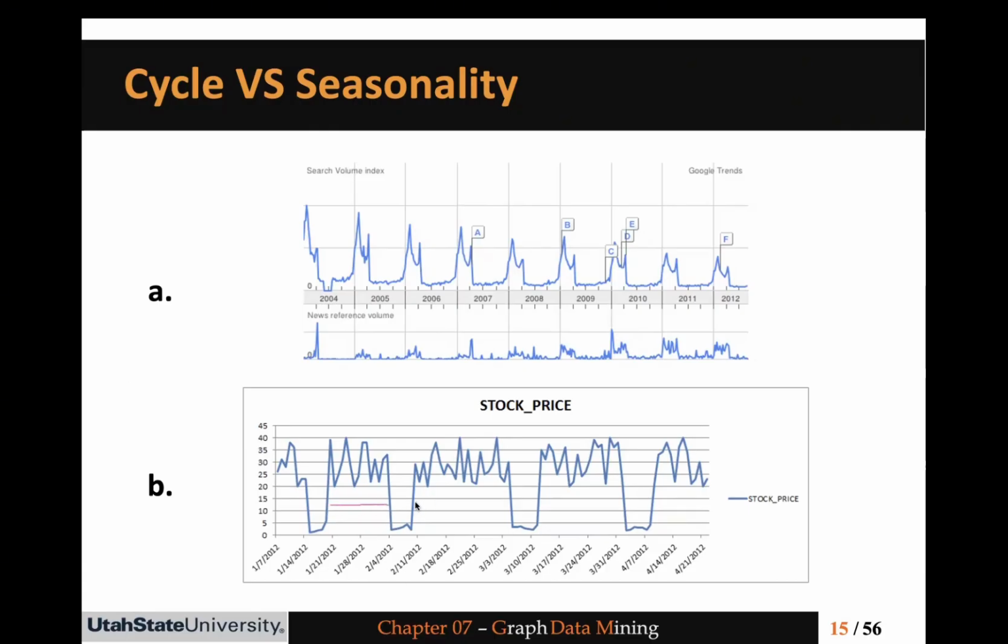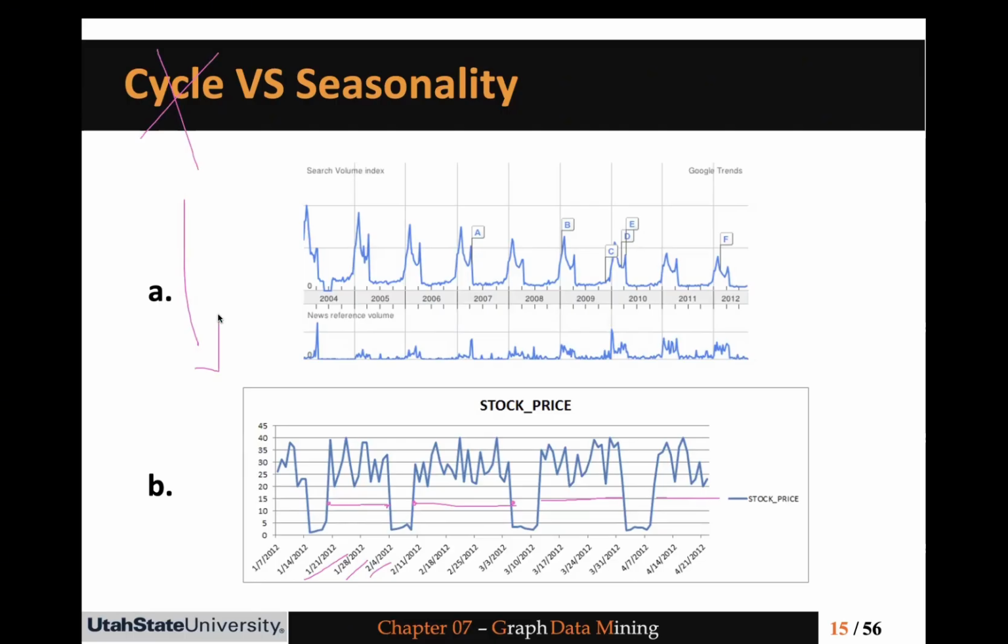Now if you were to do the same thing for the second one, we have this kind of pattern in the second time series where we have this rectangular shape. Sometimes it is the stock price here in a few days, right? In a few days we have this pattern going on and the second pattern going on. Because we're talking in terms of days, we cannot talk about cyclicity. So this is not a cyclic time series.